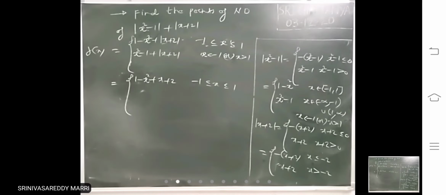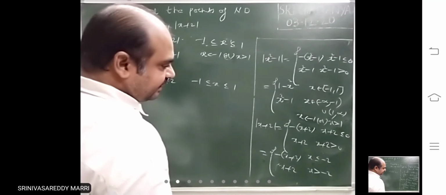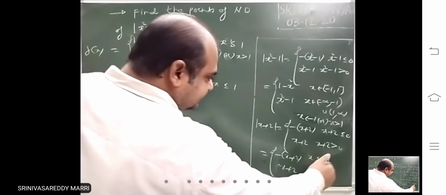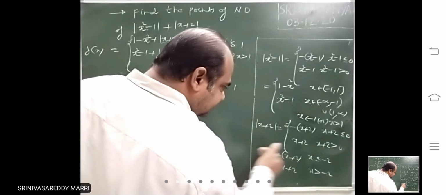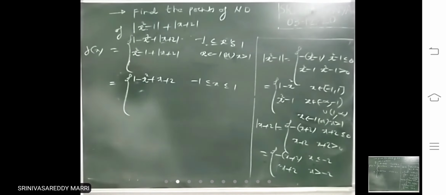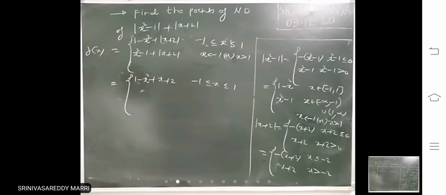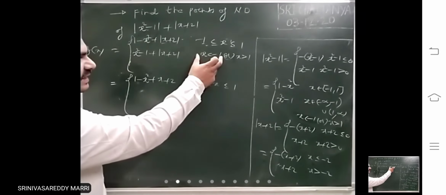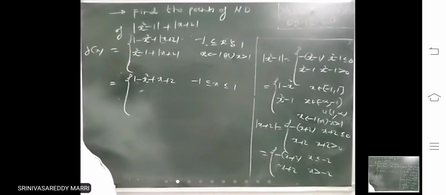This is over. Similarly, x less than minus 1 I have to write. x less than minus 1 means here there is a problem. Look at, x less than minus 1 means less than minus 2 there is one definition, and minus 2 to minus 1 there is one definition. That means you have to split this x less than minus 1 into two parts.